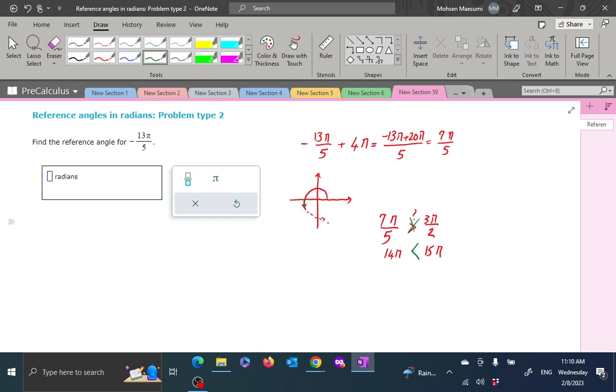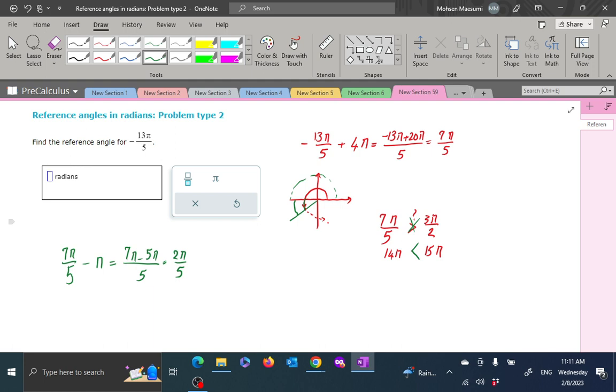So I'm stopping in quadrant 3, and then how do I find my reference angle? Well, subtract pi from it, so 7 pi minus 5 pi, 2 pi over 5.